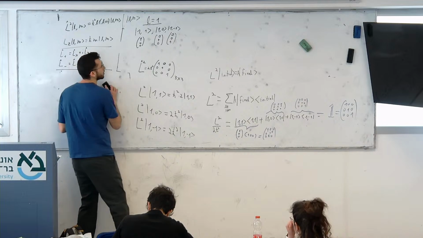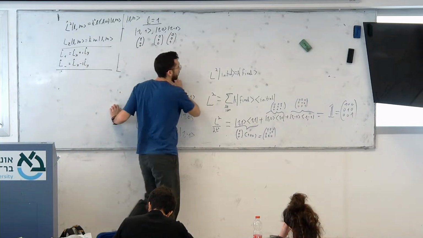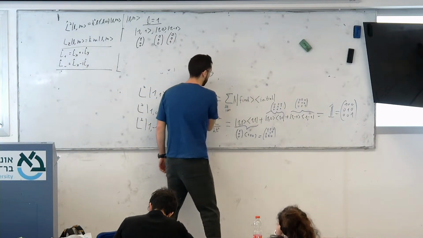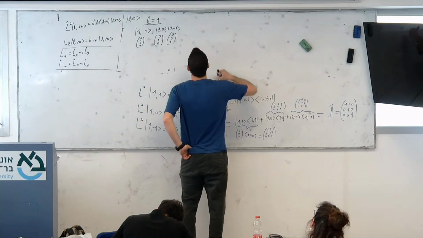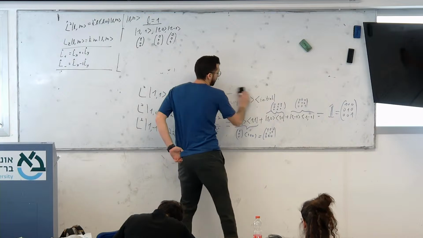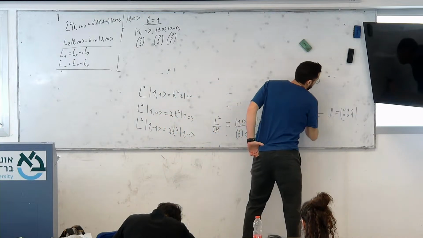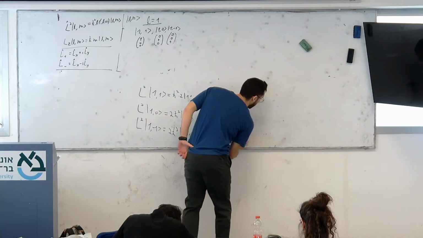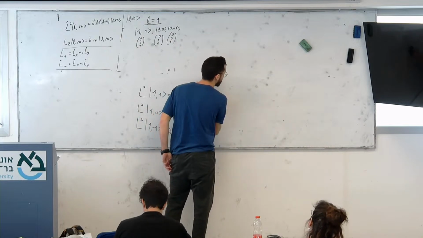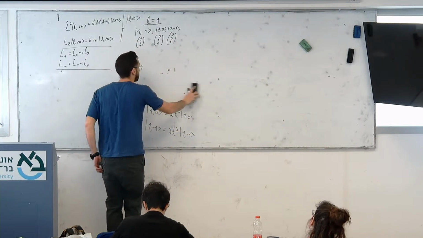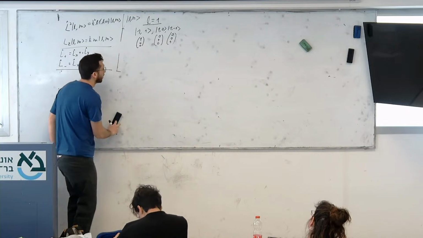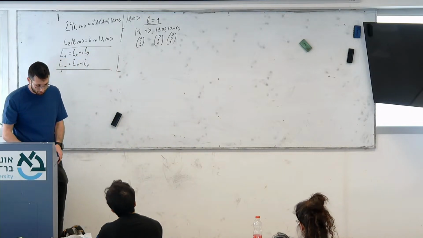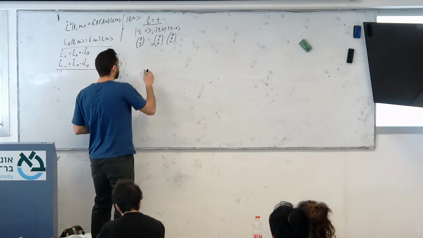Let's have another example. I'm going to do almost the same example now. Now I want to write the matrix form of LZ.